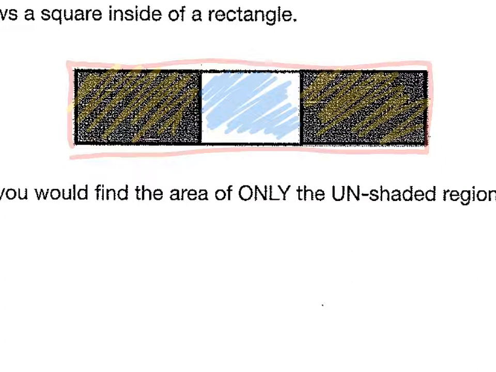So if I knew the area of what I just highlighted in red, I would do red minus yellow. You could even do it this way. I'll show it with a wannabe formula. We are going to do red minus yellow gives us blue. If that helps.